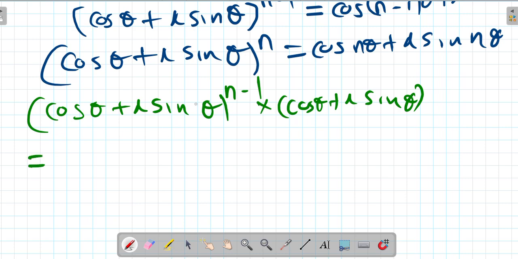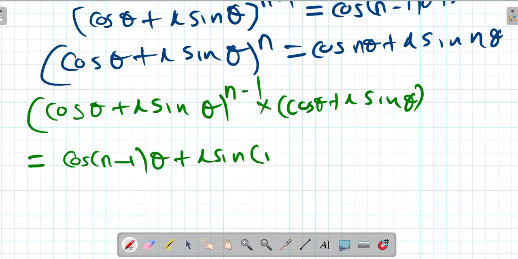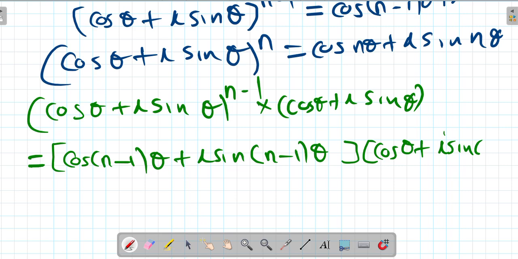so we can now multiply by this term. The right hand side will be the same as cos (n minus 1) theta plus i sine (n minus 1) theta, everything multiplied by this term cos theta plus i sine theta.